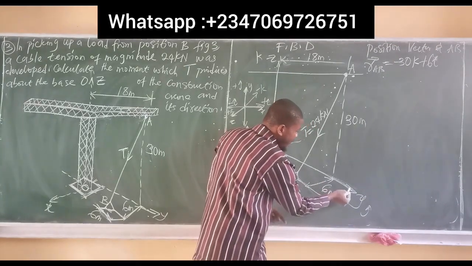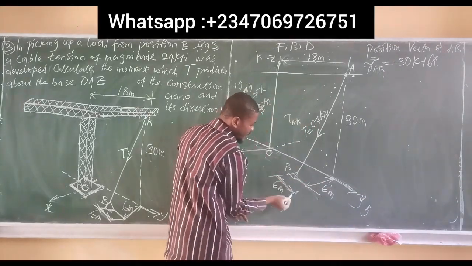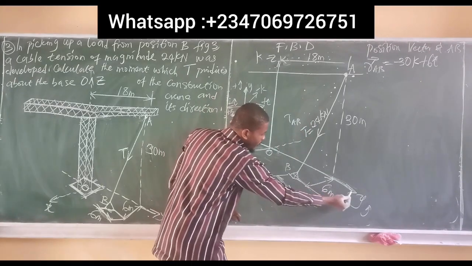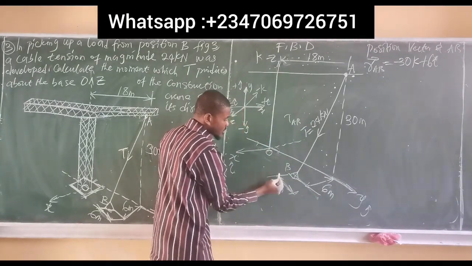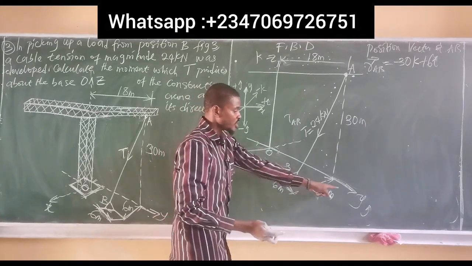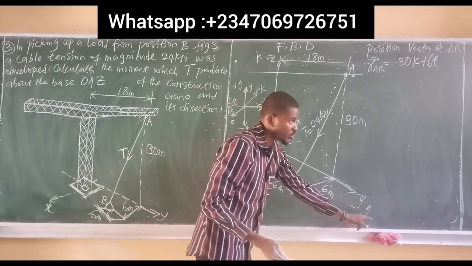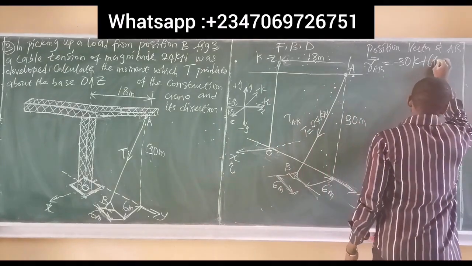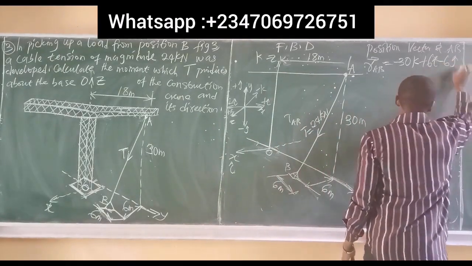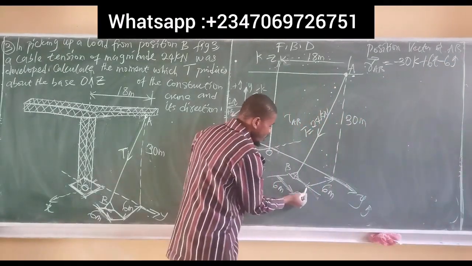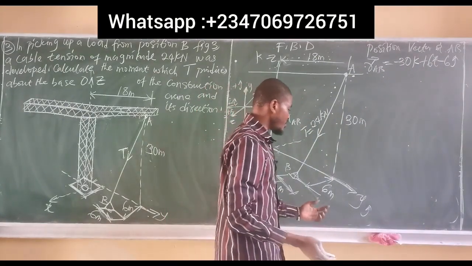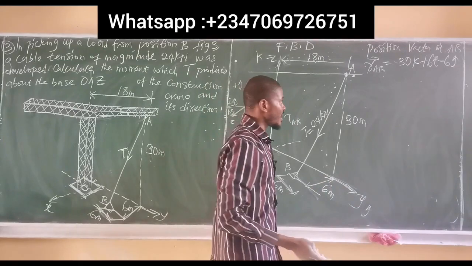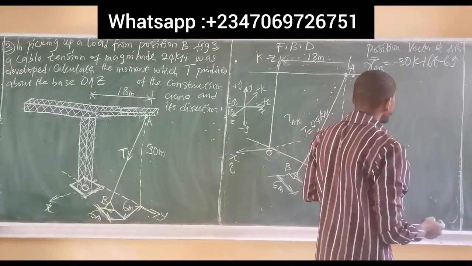Now, I am moving backwards against Y. Moving from here to this point is moving backwards against Y to locate point B. So, since I'm going backwards against Y, it becomes negative J, because Y is always the J direction. So, this becomes minus 6J. Now, minus 6 because total distance I move from here to this point is simply given here as what? 6 meters. So, it's negative again because it's going against the J direction. So, this is the first thing to do.